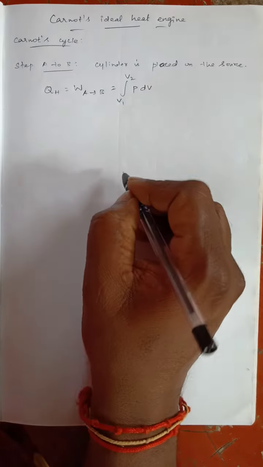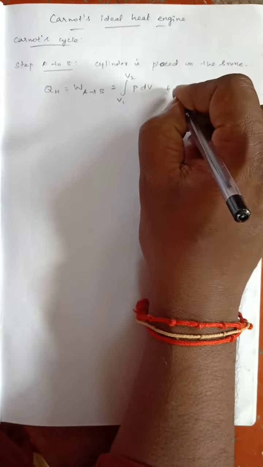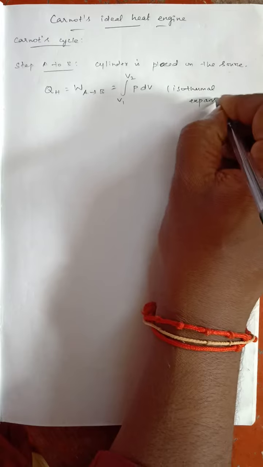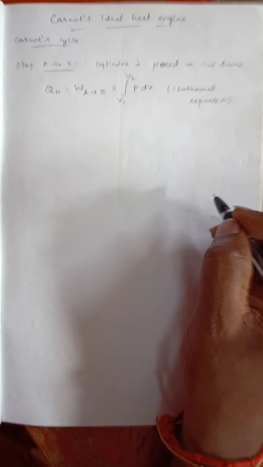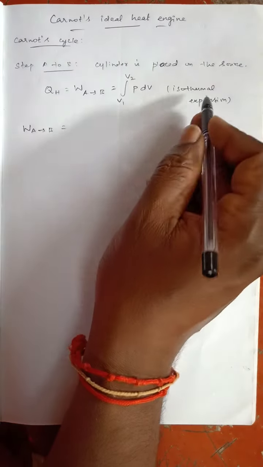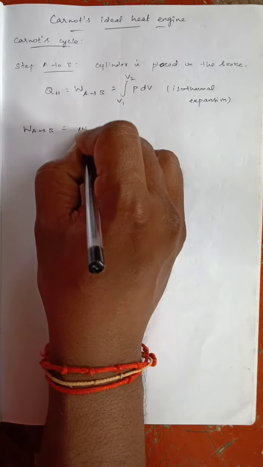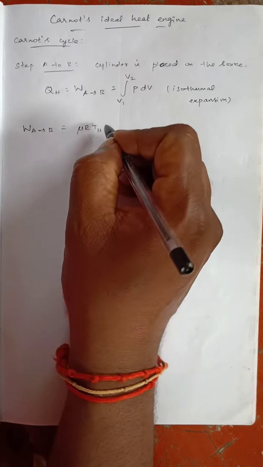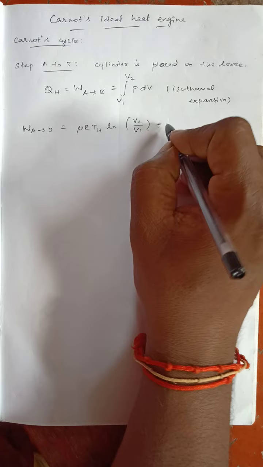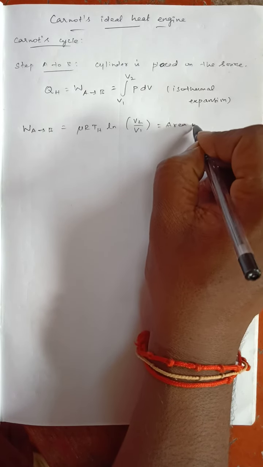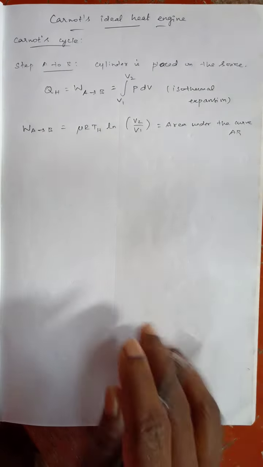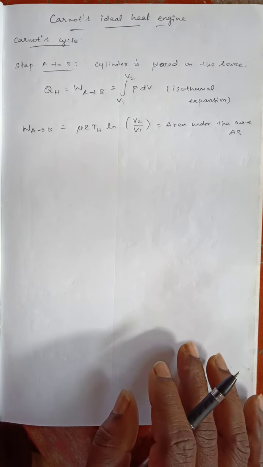This is the isothermal expansion. You know the isothermal expansion formula: work done from A to B is equal to mu R TH ln of V2 by V1. This gives the area under the curve AB.